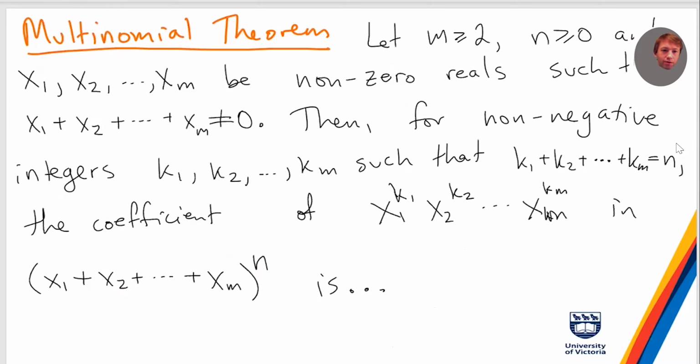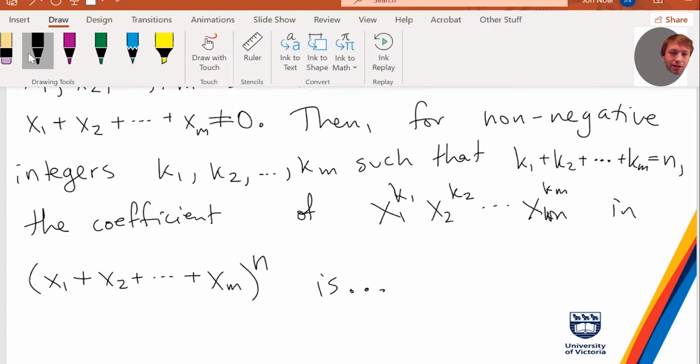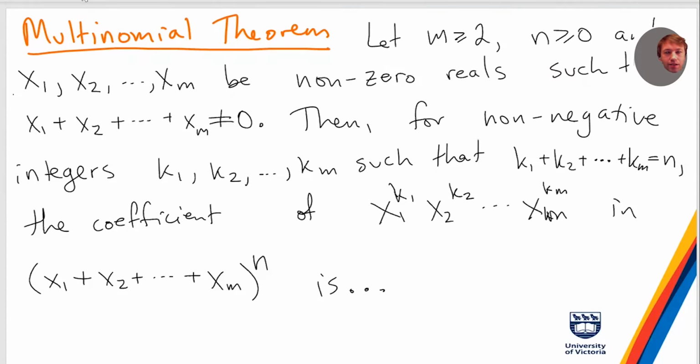So more formally and more generally, suppose that I take a bunch of non-zero real numbers, x1, x2 up to xm, such that if I add them up, so remember we have these hypotheses in the binomial theorem, so we've got similar hypotheses here, that the variables are non-zero.